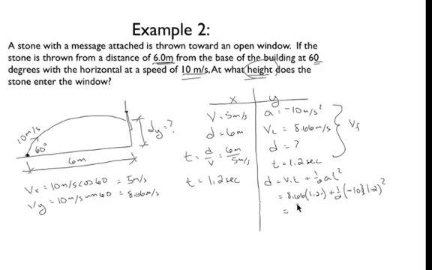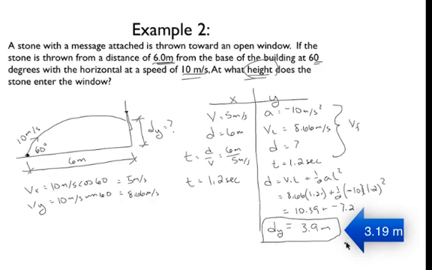When I put that in, 8.66 times 1.2 gives me 10.39, plus 0.5 times 10 times 1.2 squared is a negative 7.2. So 10.39 minus the 7.2 gives me a height of 3.9 meters above the ground. So that is the height that it enters the window.